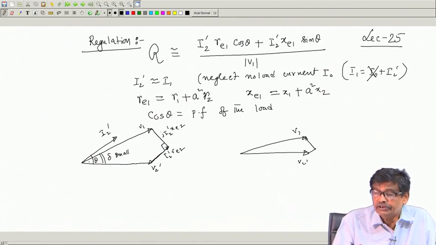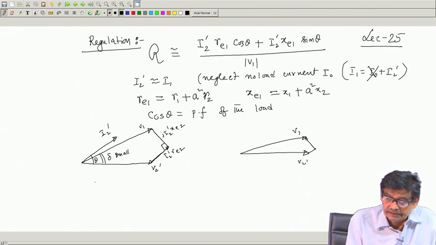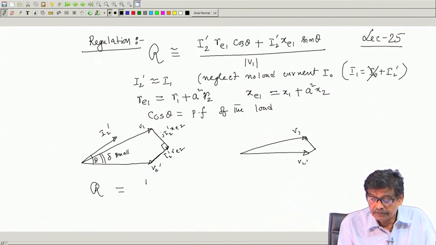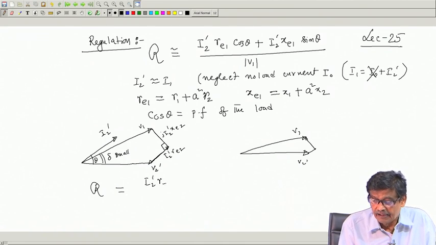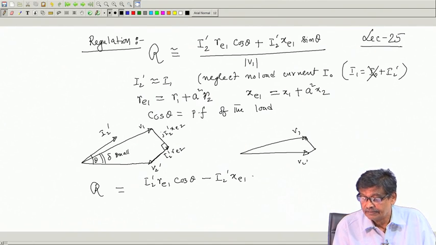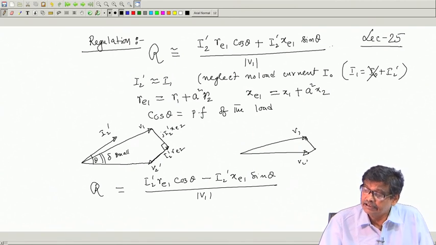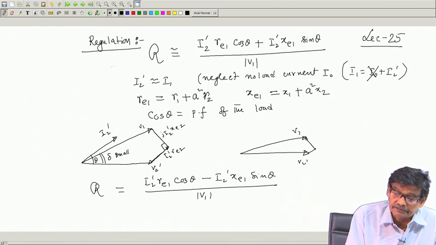If you do the same exercise, the regulation expression will be equal to I2 dashed Re1 cos theta, which I am not doing, this I leave as an exercise, minus I2 dashed Xe1 sin theta, divided by V1. Mind you, these expressions are algebraic expressions.